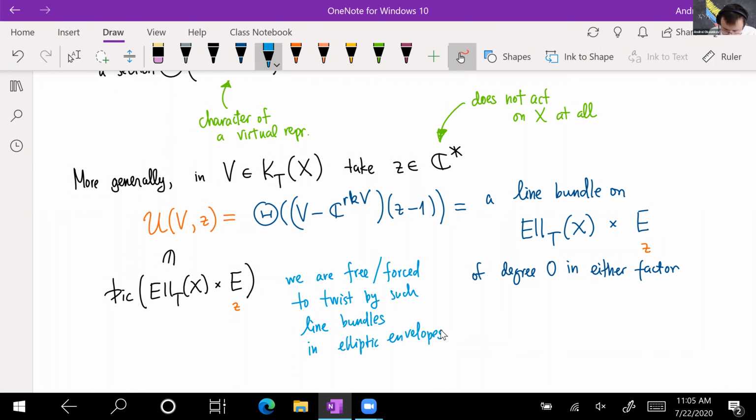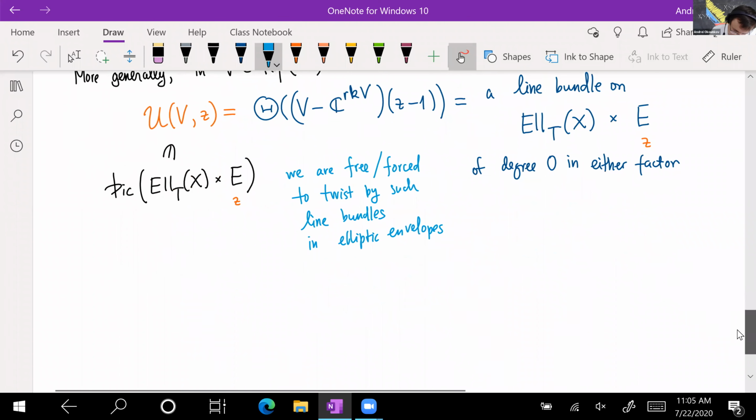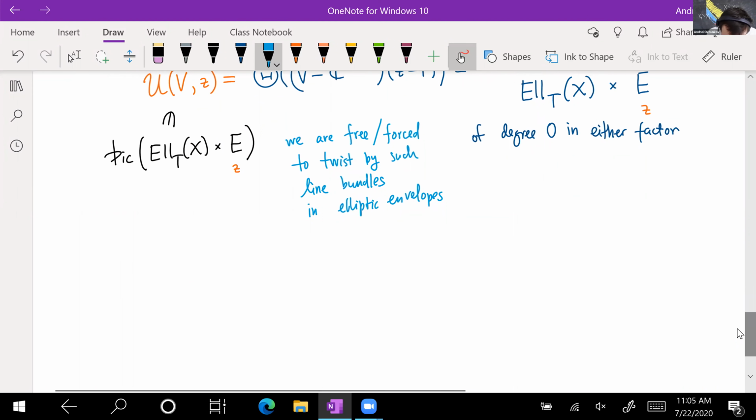And why we're forced is that, for the reason I already explained, if I just change what is attracting and what is repelling, then the bundle itself changes, which requires a twist. So that's the explanation.